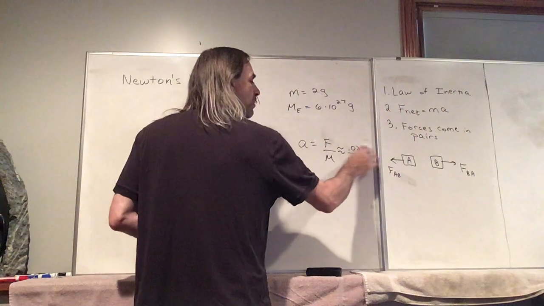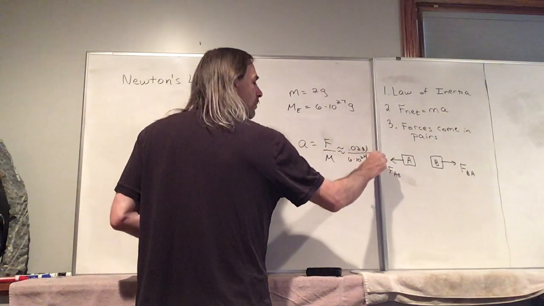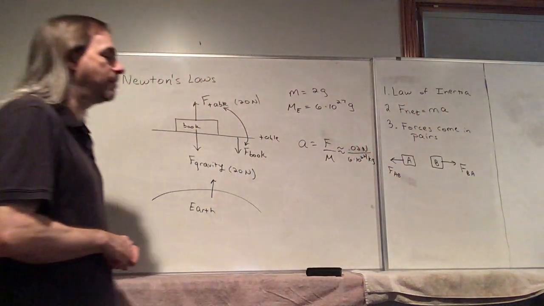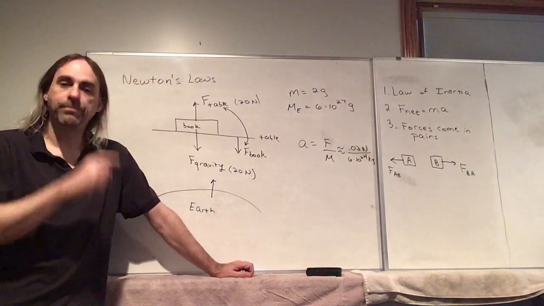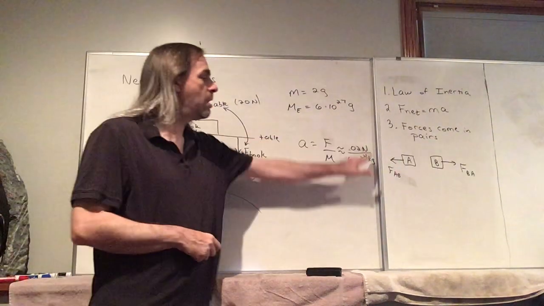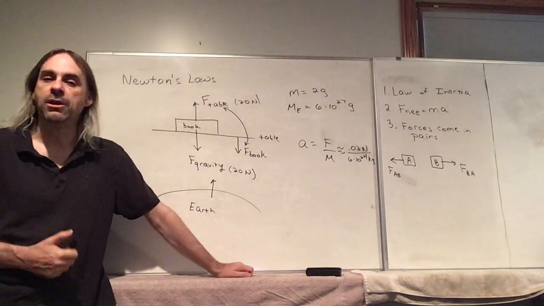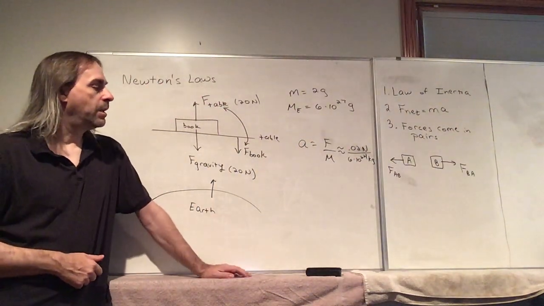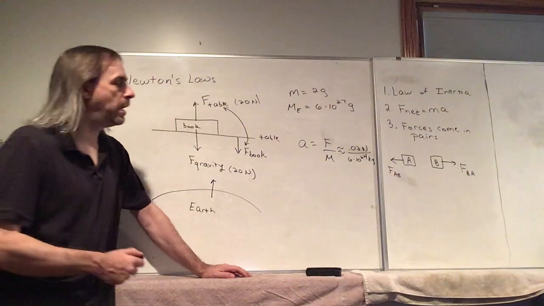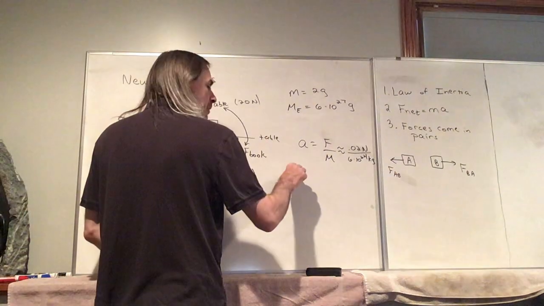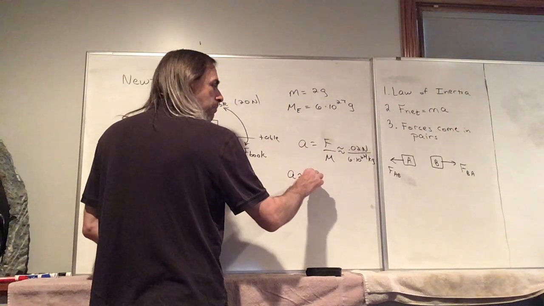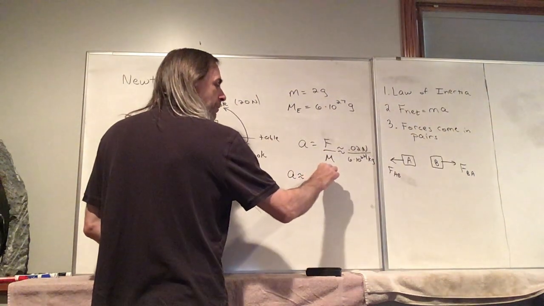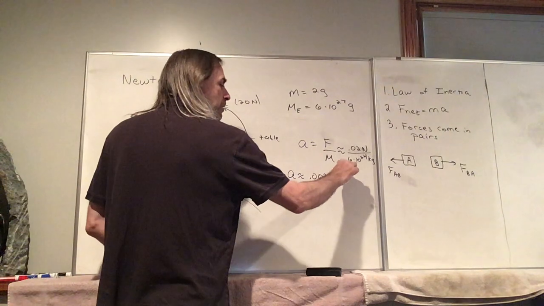I'm going to convert this to kilograms. So 6 times 10 to the 24th kilograms. And a newton over a kilogram is a meter per second squared. So the acceleration of the Earth would be around 0.003 times 10 to the minus 24th.